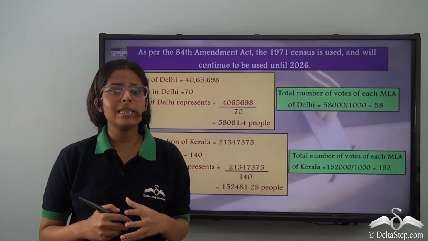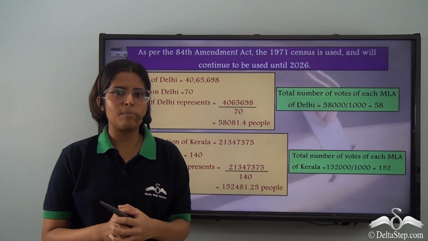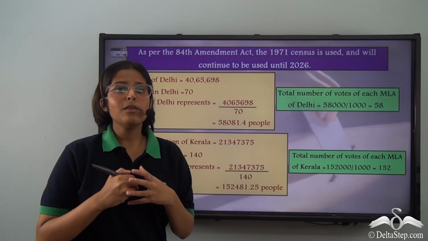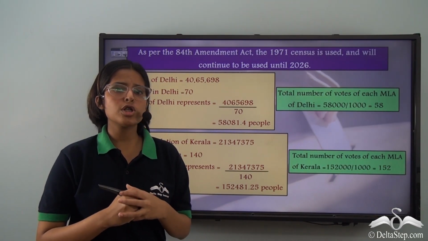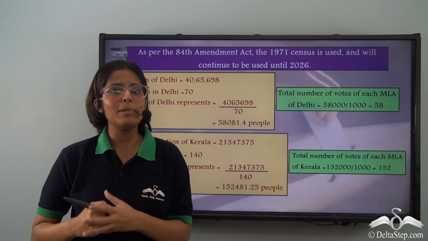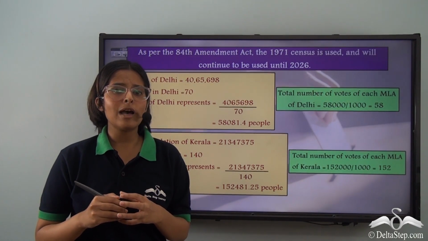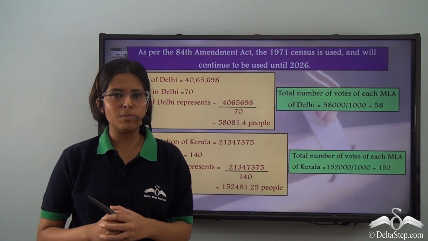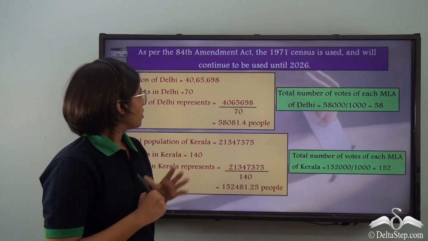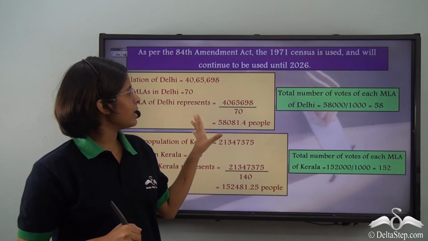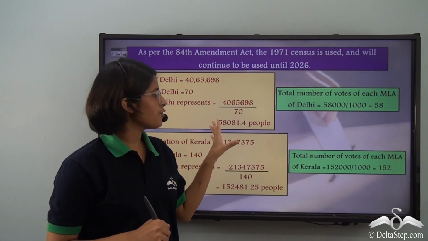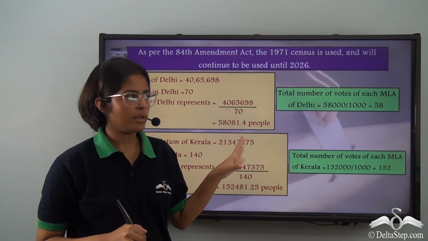Now we had said that it is proportional representation, which means that the value of vote is in proportion to the number of people a MLA represents. So we don't have to take the entire number of people the MLA represents. Each MLA of Delhi represents 58,081 people.